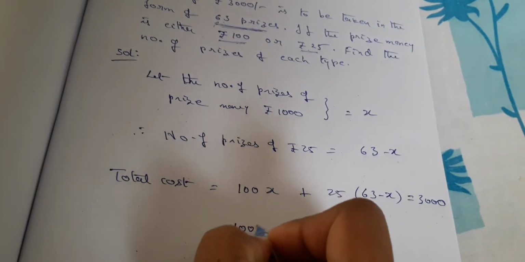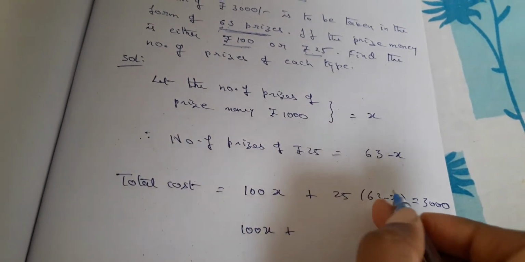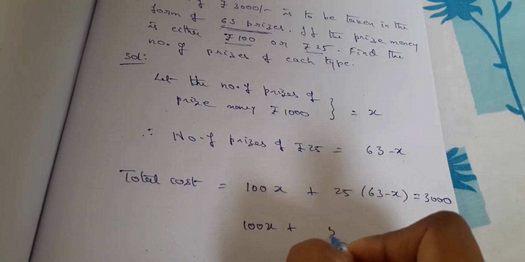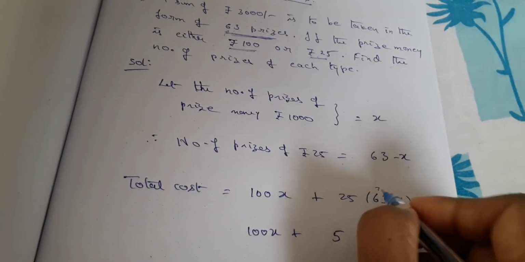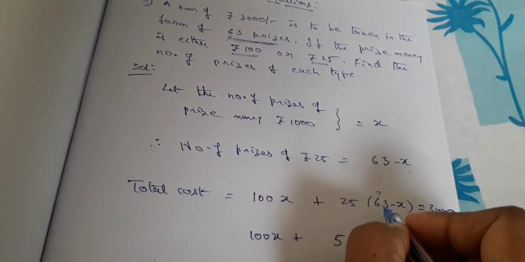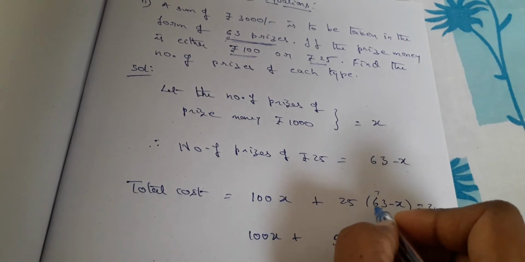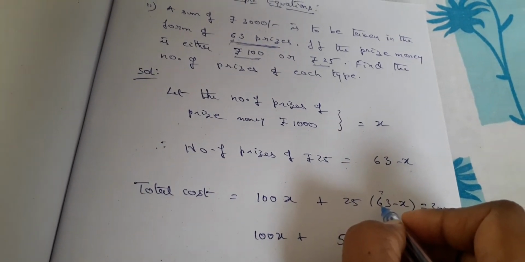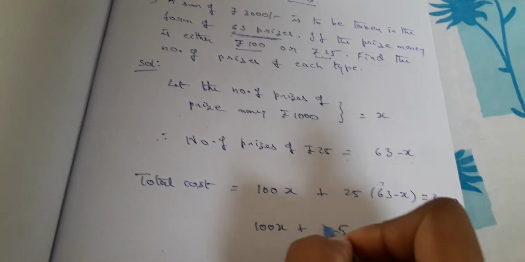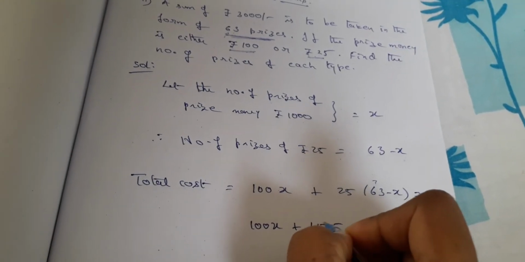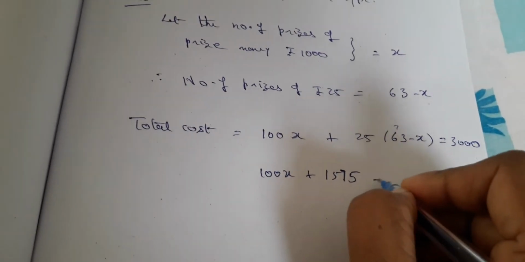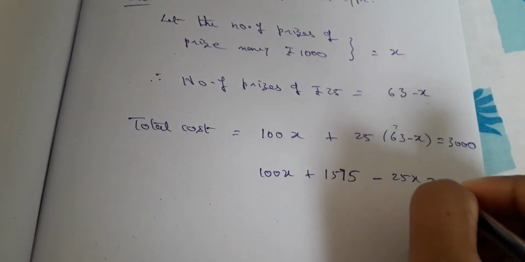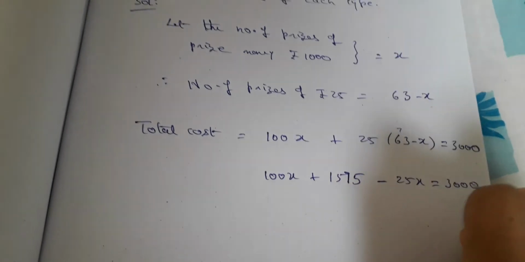Now let us simplify it. So 100x plus 25 into 63: 25 into 3 is 75, 7 here, then 25 into 6 is 150, so 1575, minus 25x is equal to 3000.